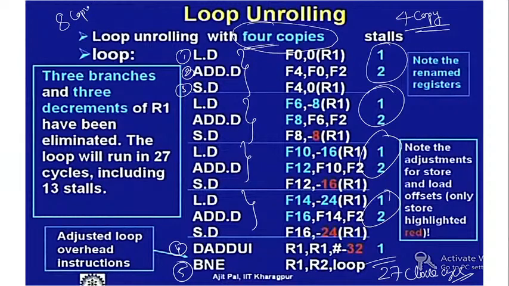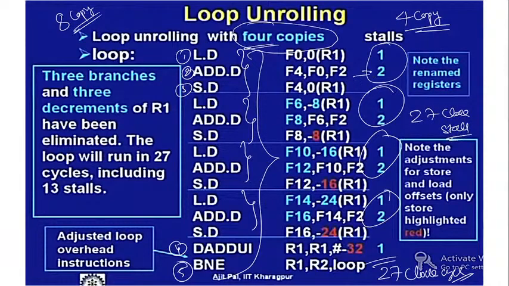Okay, it depends upon the instructions. So in one iteration we execute instructions, and it is taking 27 clock cycles with the stalls. 27 clock cycles with a stall means delay also, because there is a dependency there.